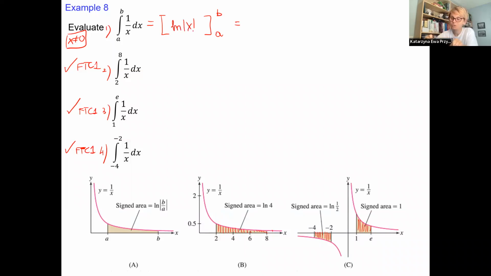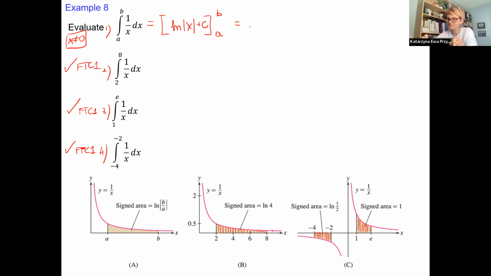And please remember, we do have an absolute value. Then somebody can type plus the constant c. It's fine, but we remember plus the constant c, when we subtract, it will be gone. That means for the definite integral, it will be adding and subtracting, and it will be gone.